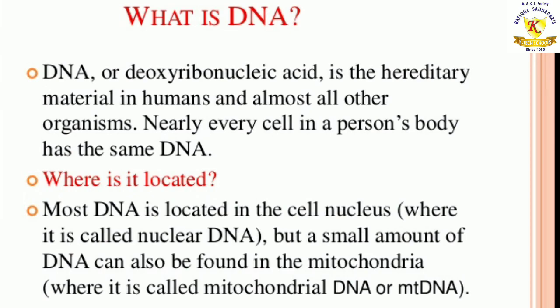It is the hereditary material in humans and almost all other organisms. Nearly every cell in a person's body has the same DNA. And where is it located? Most DNA is located in the cell nucleus where it is called nuclear DNA. But a small amount of DNA can also be found in mitochondria, where it is called mitochondrial DNA or mtDNA.